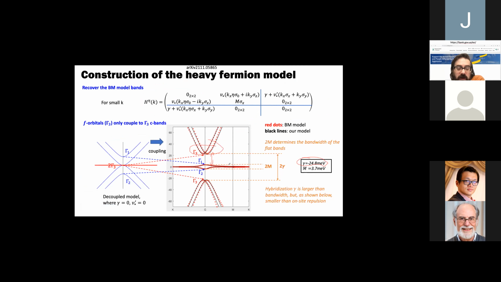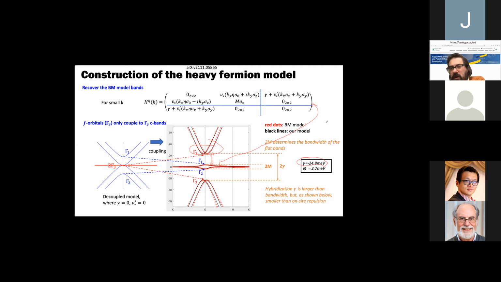After you couple the heavy fermion to the C electrons, you get exactly the band structure and exactly the topology of the flat bands of the Bistritzer-MacDonald model. But now you have a model where you've broken up your system into a heavy electron, for which you can look at what interactions do, plus a conduction electron, and you have a 6x6 model.